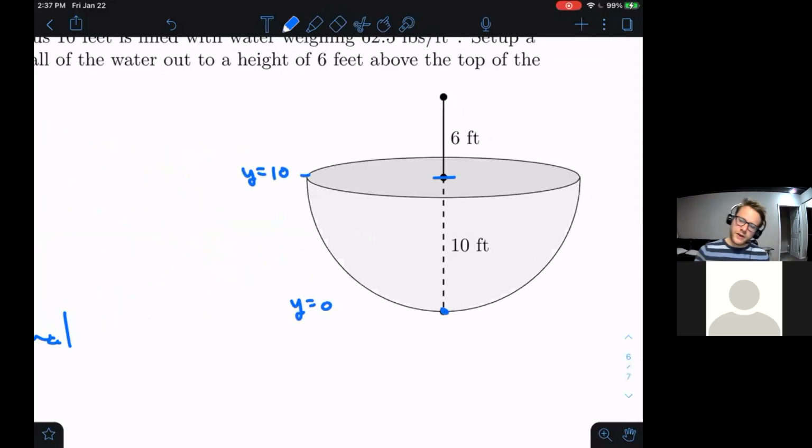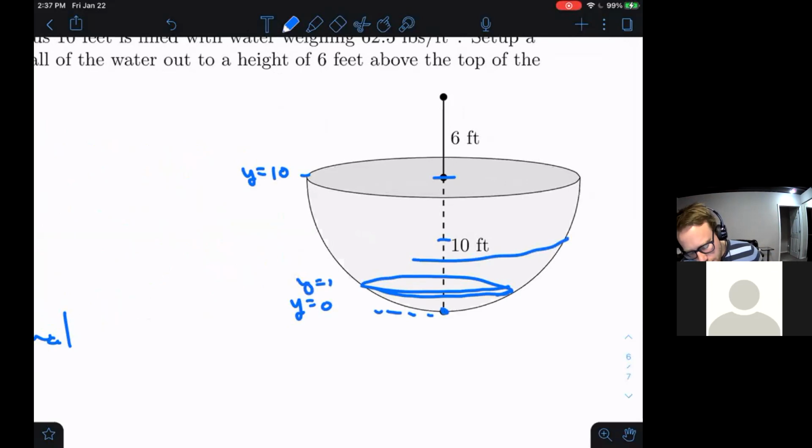So you do have to specify where everything lives. If you have small y values closer to 0, your cross-sectional area, as you take a cross-section for a particular y value, say at y equals 1, and later up here y equals 5, we can see that that area is changing.